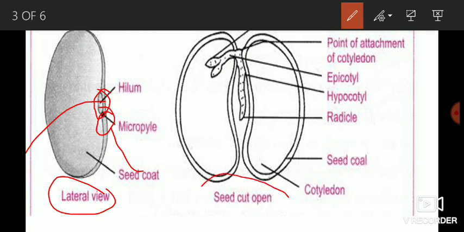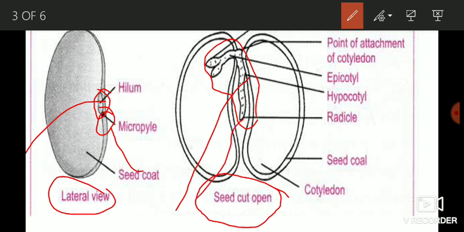This one represents the image of a seed cut open, and you can easily see the structural details of the embryo. Here you can see the embryonal axis, and the embryonal axis contains two ends.